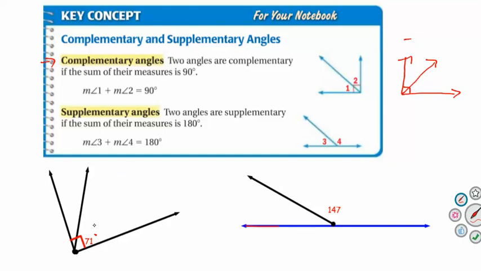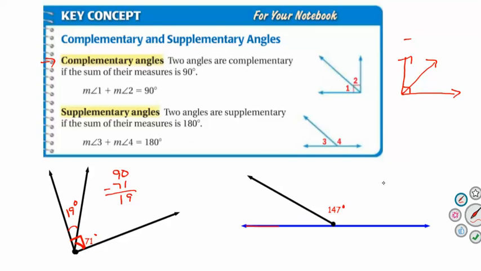Here's an example. If I'm telling you that this angle measures 71 degrees, you would simply find the difference. I take 90 degrees minus 71, and that gives me 19. So this angle here would have to be 19 degrees. When I write mine, guys, I don't have a degree sign because I don't have a symbol that would do that.